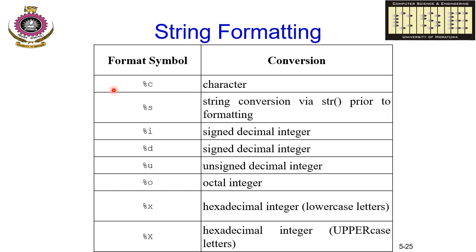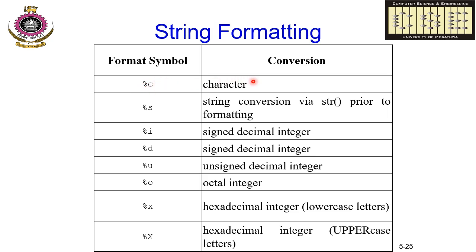They have to be formatted accordingly. In order to do that, Python provides a range of formatting symbols or formatting methods. Here are a few examples. I will quickly go through some of these formatting symbols with the percentage sign.